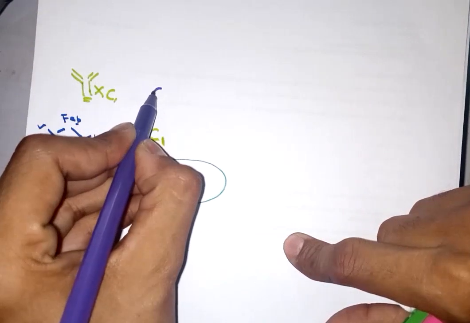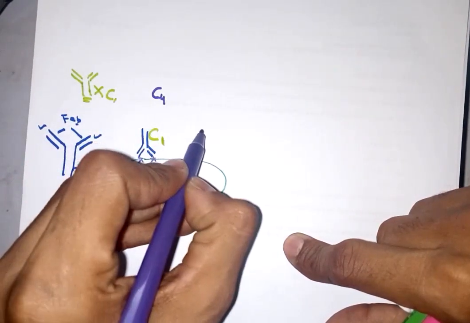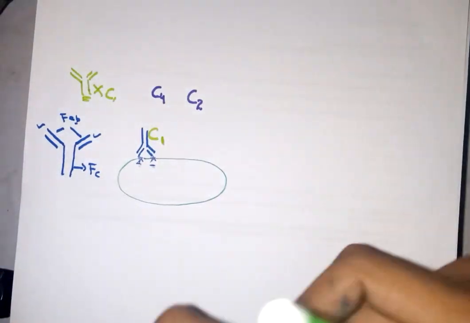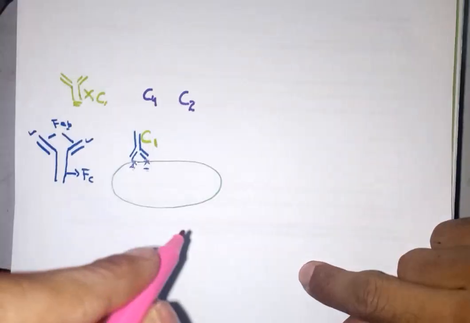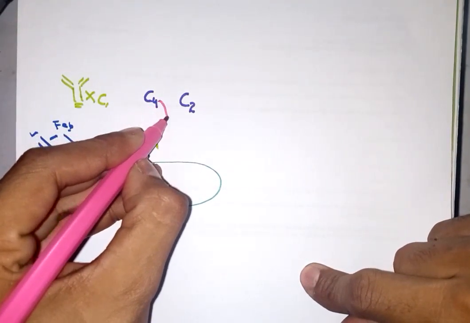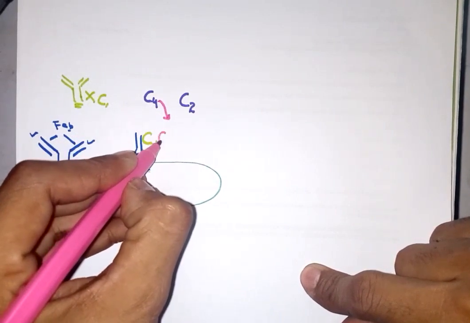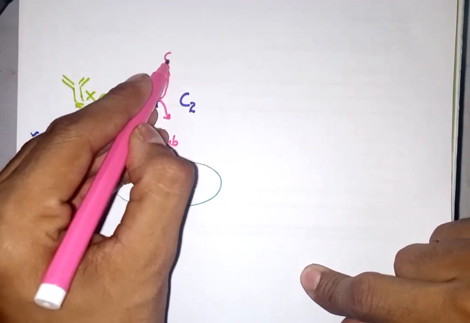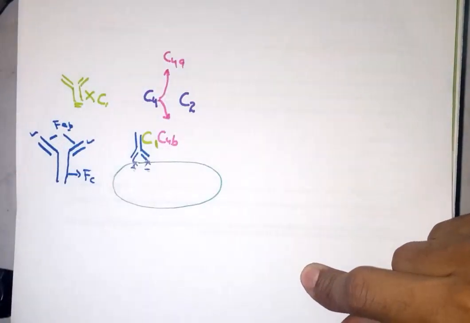The one is C4 and the other is C2. This C1 will break C4 into C4b and C4a.